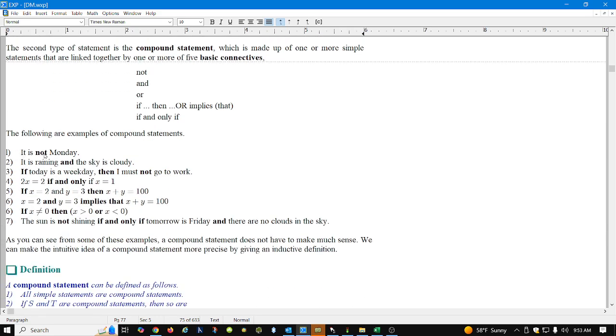Here are some compound statements, and I put the connectives in boldface. It is not Monday. It is raining and the sky is cloudy. If today is a weekday, then I must not go to work. So there are 2 connectives here. Here's an if and only if, and I should have included that.